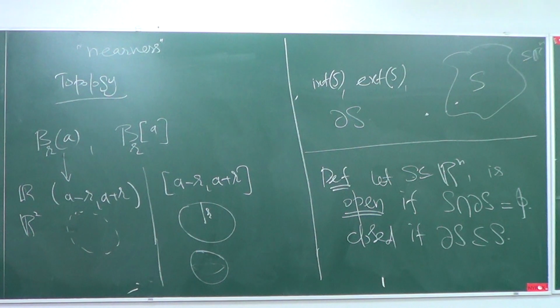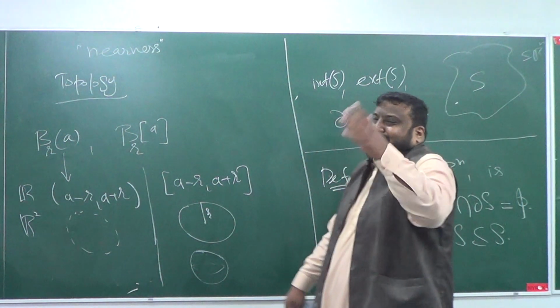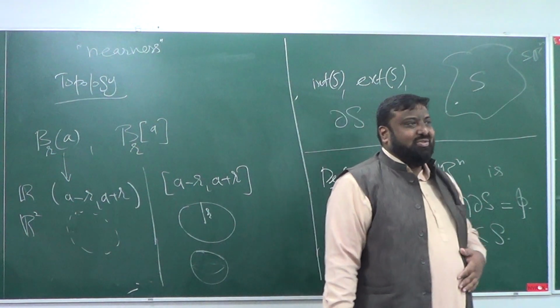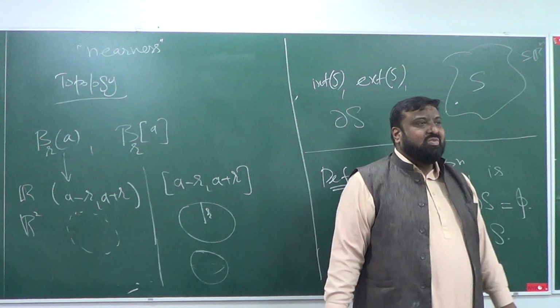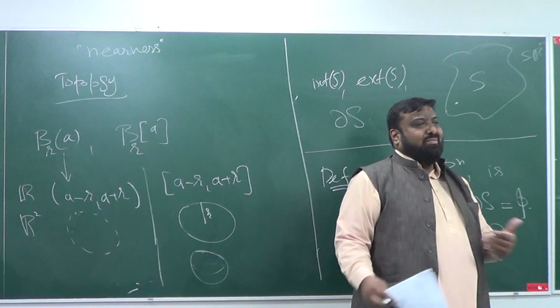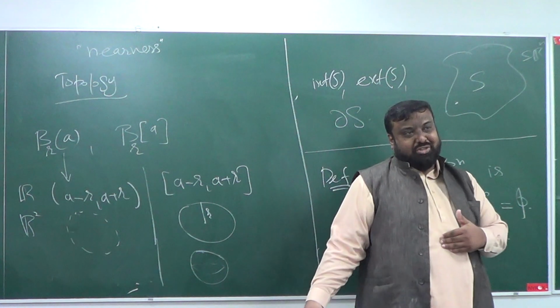But a set can be open and closed at the same time, or it could be neither open nor closed, or only open, or only closed. So that's what makes a set different from a door: a door is either open or closed.